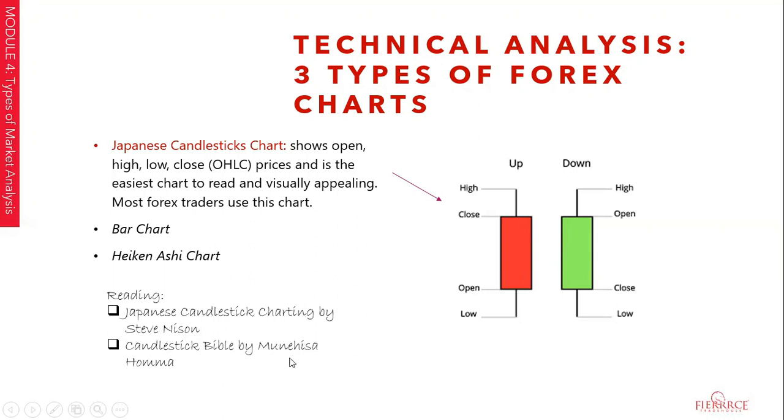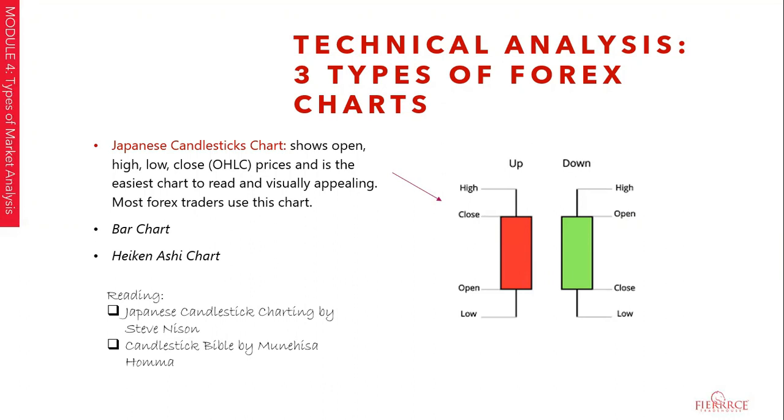There's also the Candlestick Bible by Munehisa Homma, which you can find as a free PDF online. I recommend you find these books and study them to learn more about the history of Japanese candlesticks, how they are used, and so forth, because I don't need to cover it here.